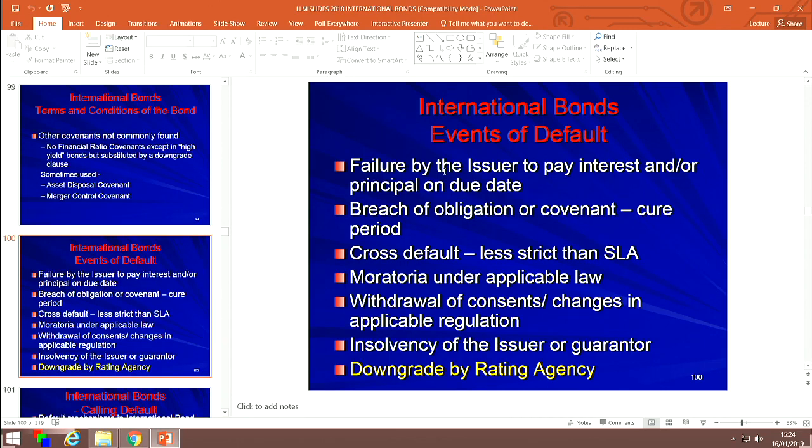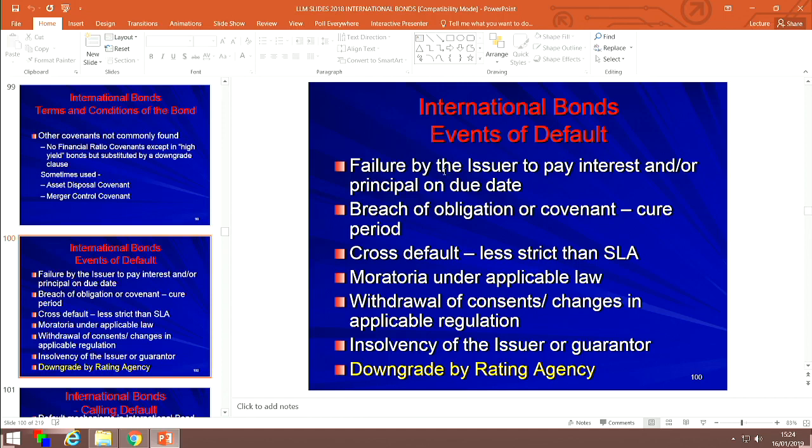That's the strict form. The more relaxed form is if there is a default under any other loan agreement, any other financing arrangement, any other financial transaction document. And it's that form that you find invariably being used in bond documentation. You do not see the very stringent form that you sometimes see in syndicated loan agreements.